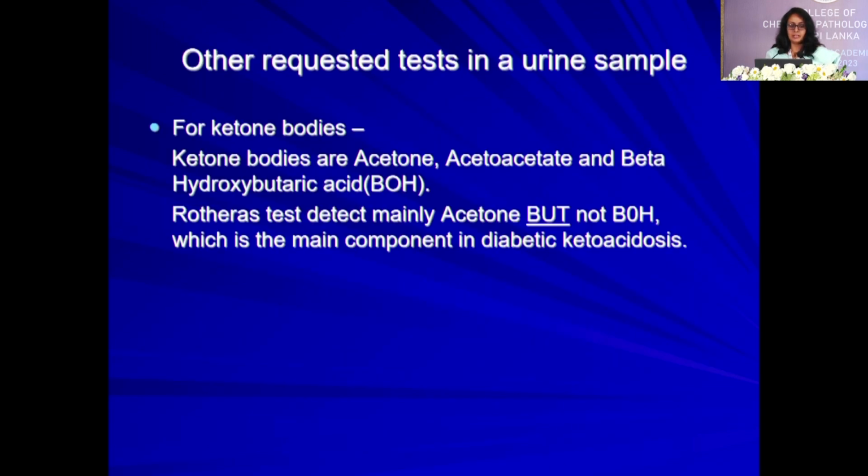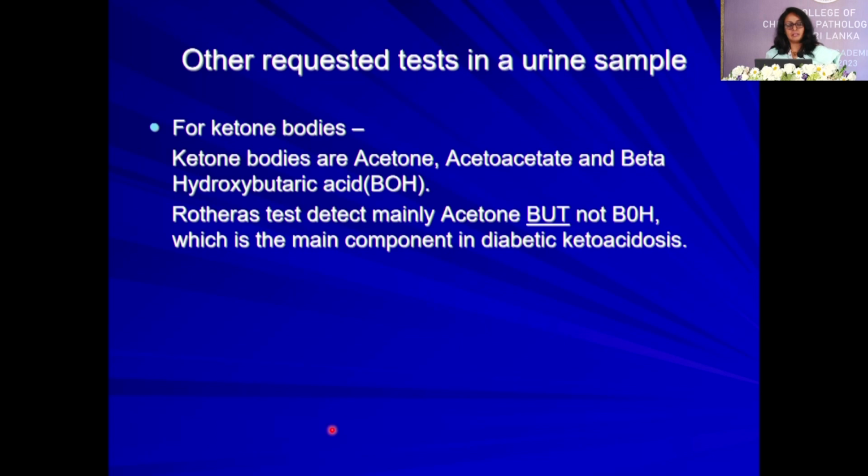There are other requested tests in urine samples. Clinicians may ask for ketone bodies. In our body, there are three types of ketone bodies: acetone, acetoacetate and beta hydroxybutyrate. Rothera's test detects mainly acetone but not beta hydroxybutyrate, but beta hydroxybutyrate is the main component of diabetic ketoacidosis.